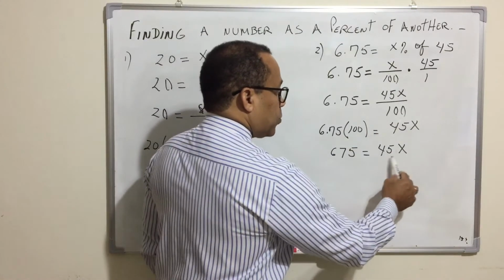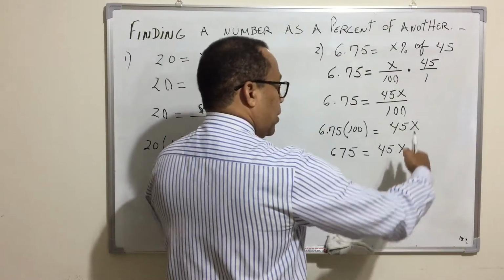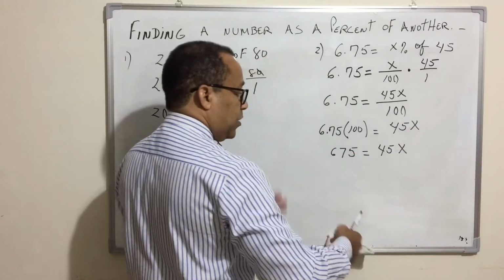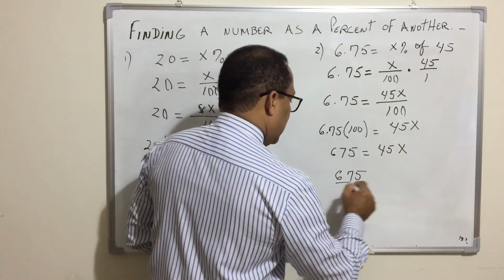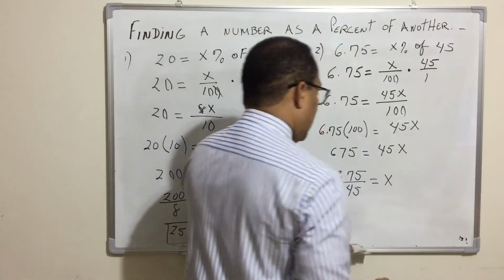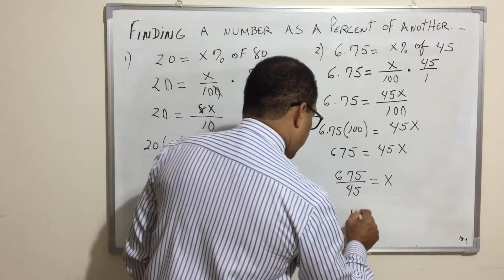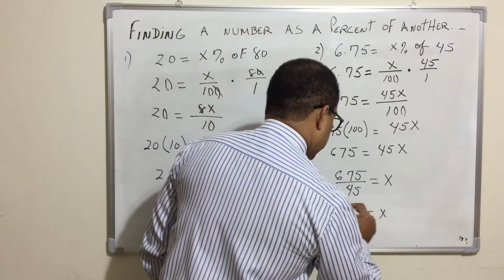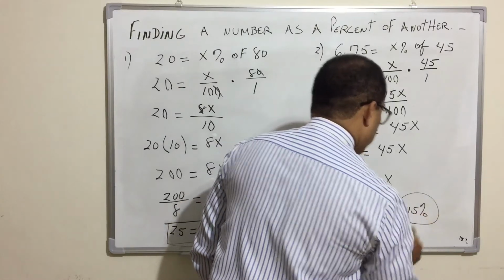The 45 is multiplying on the right side. The opposite of multiplication is division. So the 45 comes dividing to the left. So I have 675 divided by 45 equals x. 675 divided by 45 is equal to 15 equals x. The answer is 15%.